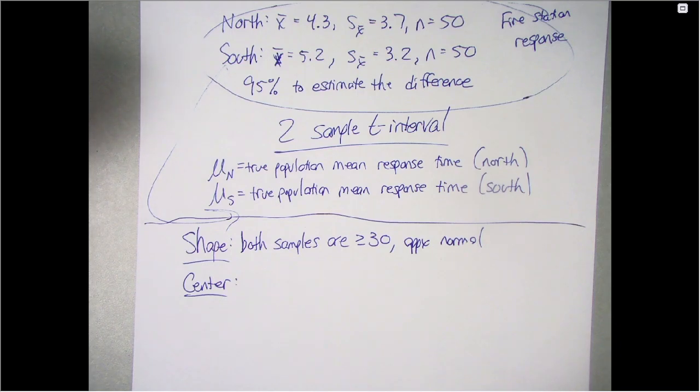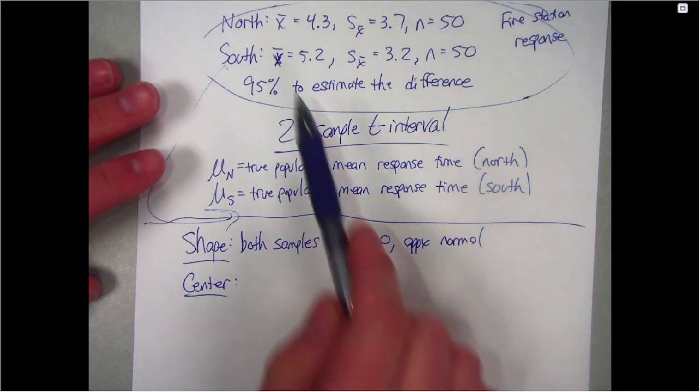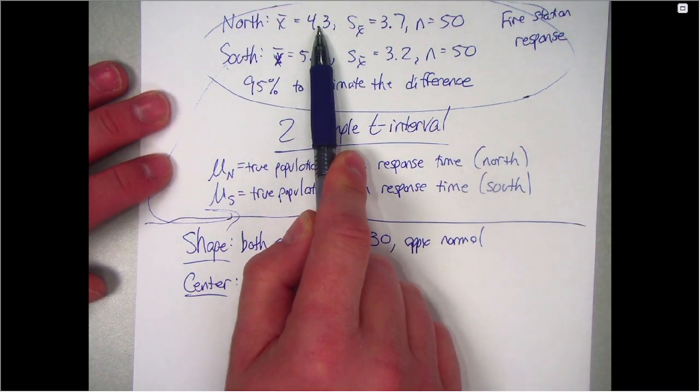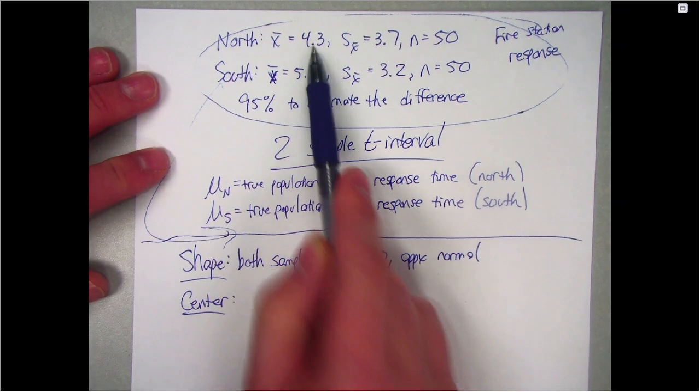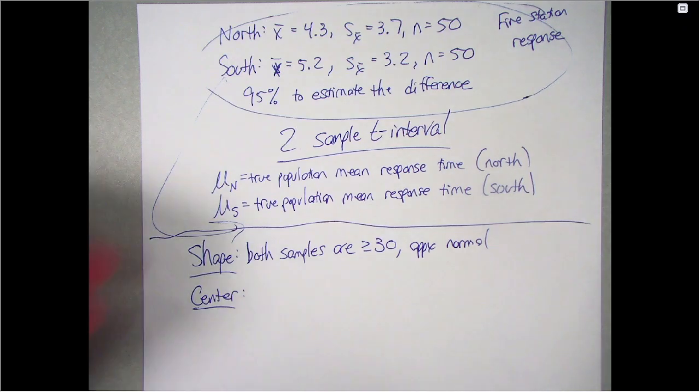So for your center, we're comparing two things, which means we're subtracting them. It doesn't matter whether you do x bar sub n minus x bar sub s, or the other way around. I'm gonna do south minus north, just because my brain works a little better. When I subtract those, it's a positive number, which is easier to process.